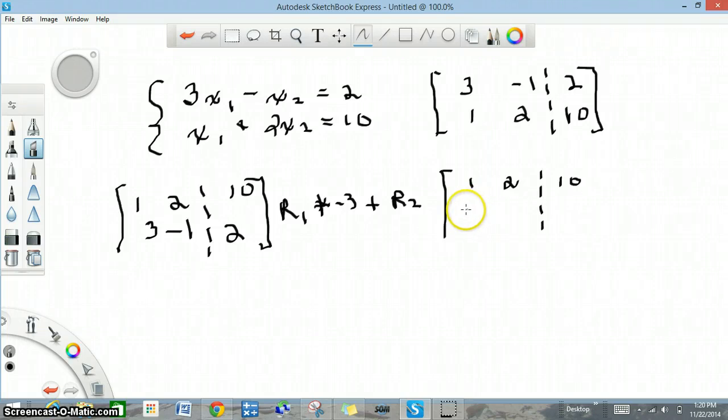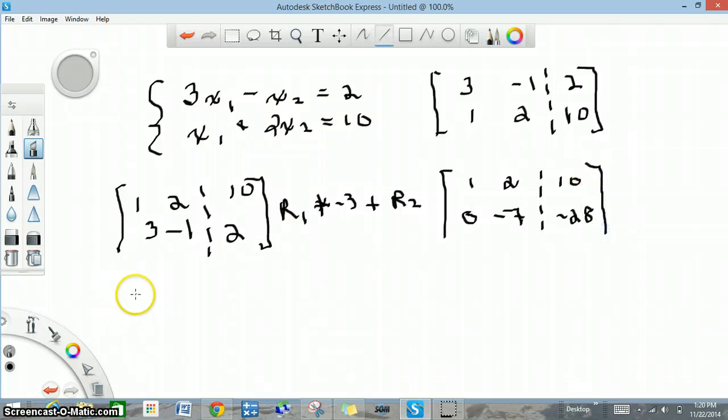So -3 times 1 is -3, and when I add that to the +3, I get 0. 2 times -3 is -6. When I add -6 to -1, I get -7. And now 10 times -3 is -30 plus 2, -28.